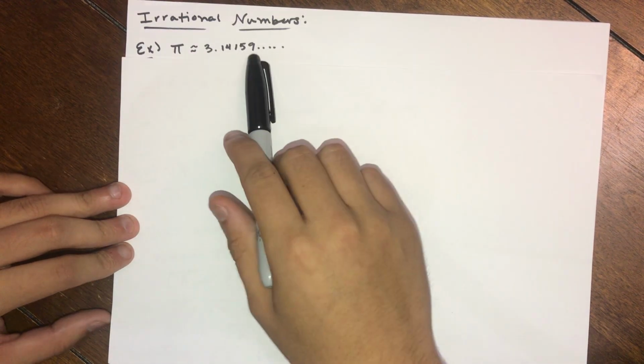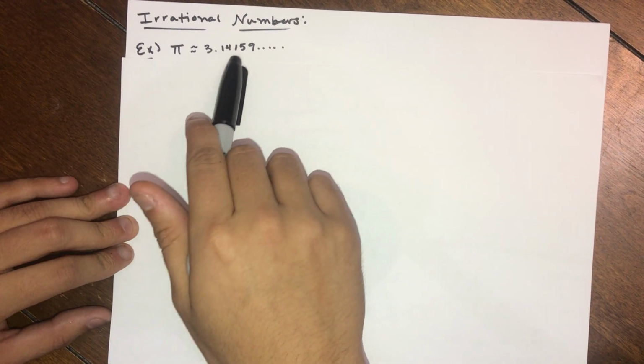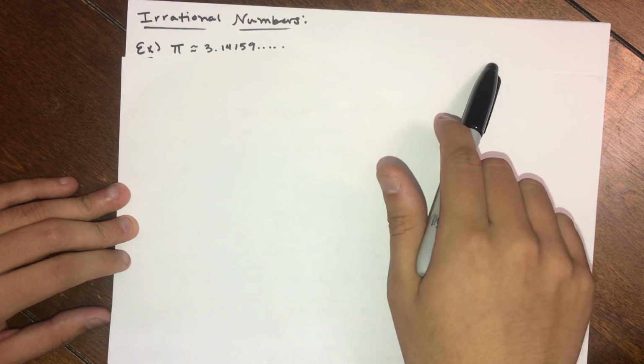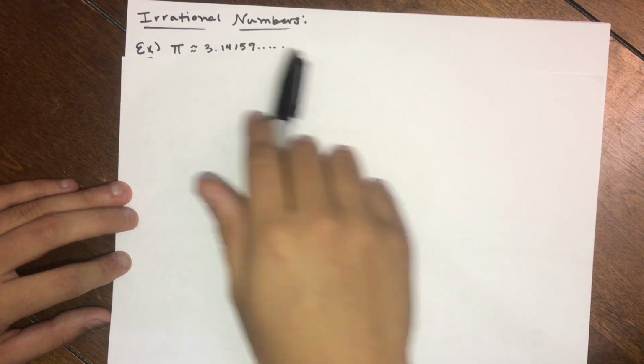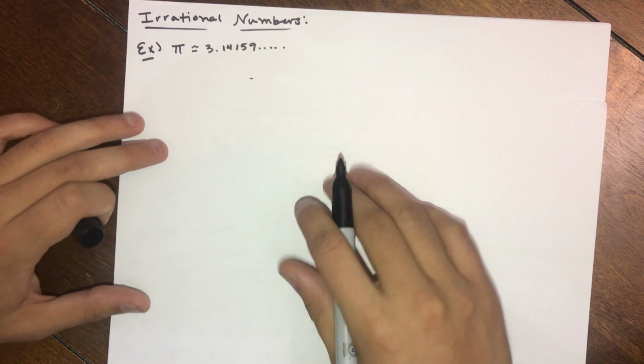Okay? And then we can look at some irrational numbers, right? We saw pi. That was the most famous. It's approximately equal to 3.14159. All right, goes on forever, doesn't stop. Irrational numbers never stop, and they never have a pattern. So maybe we should add that.